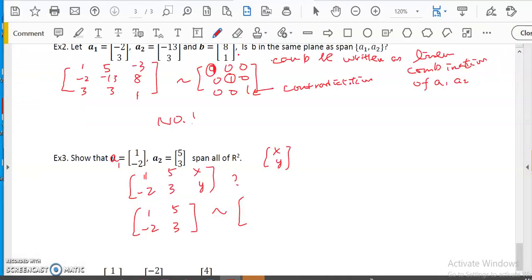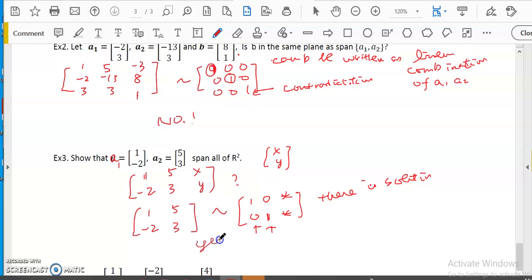So if I do a combination, it is 1, 0, 0, 1, and this would be any number, right? Any x, y, multiply, add together. But I have two pivot columns and there is no 0, 0, star row. So two pivot columns, no zero row entry, so there is a solution, no matter what your x, y is.